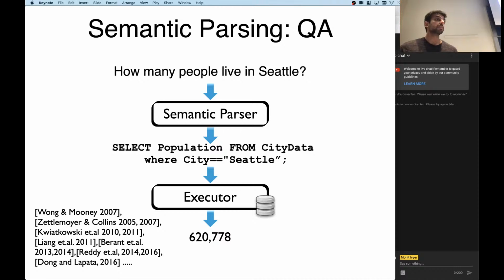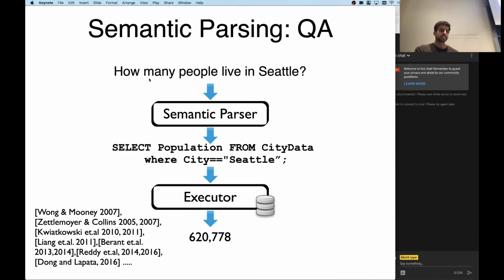This is a very popular setup when you want to do QA over, say, a database or a collection of tables from the internet or some structured source of knowledge. So if I wanted to query, say, a database formed by, I don't know, the census or something for how many people live in Seattle, I might need to convert this query into a SQL statement, which can then be executed by the database and give me the correct entry in that database that matches my query.